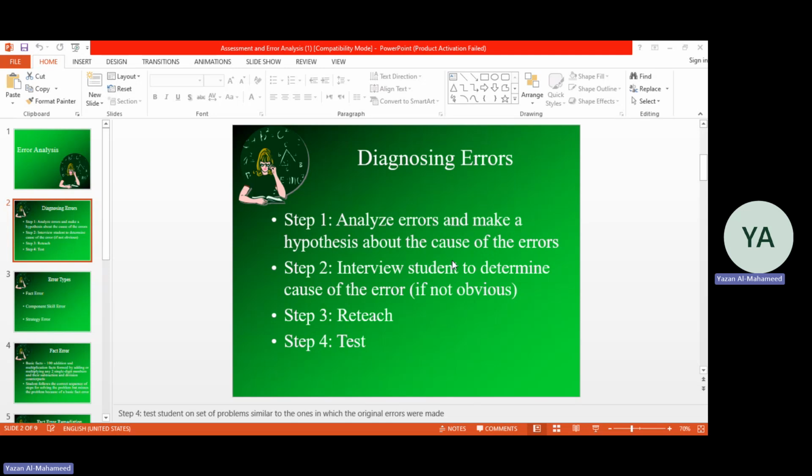Contrastive analysis actually shifted the emphasis from comparing the systems of two languages in contrast into focusing on the errors.